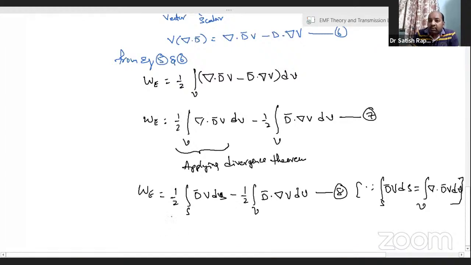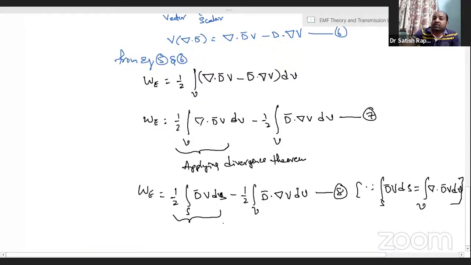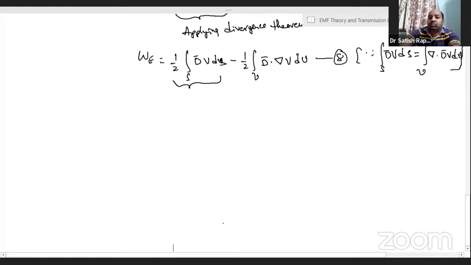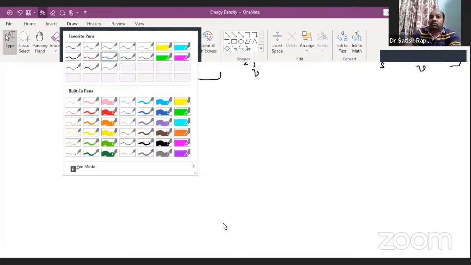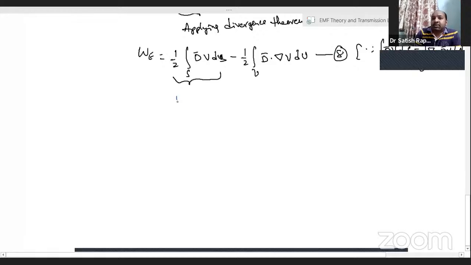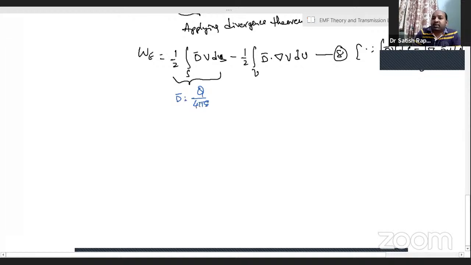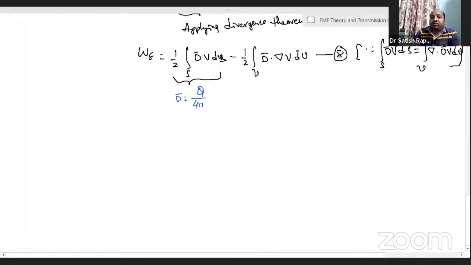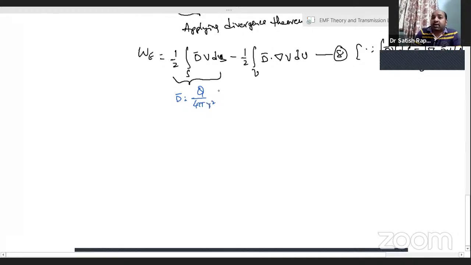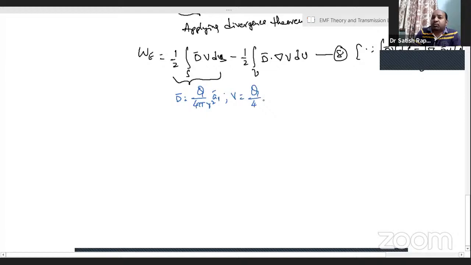Now again, in the first term, what is D bar here? D bar is equal to Q by 4 pi r square a_r bar, and V is equal to Q by 4 pi epsilon naught r.